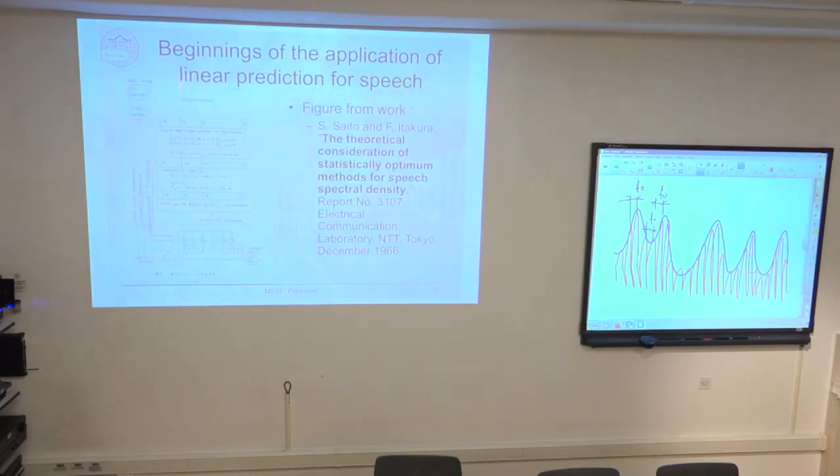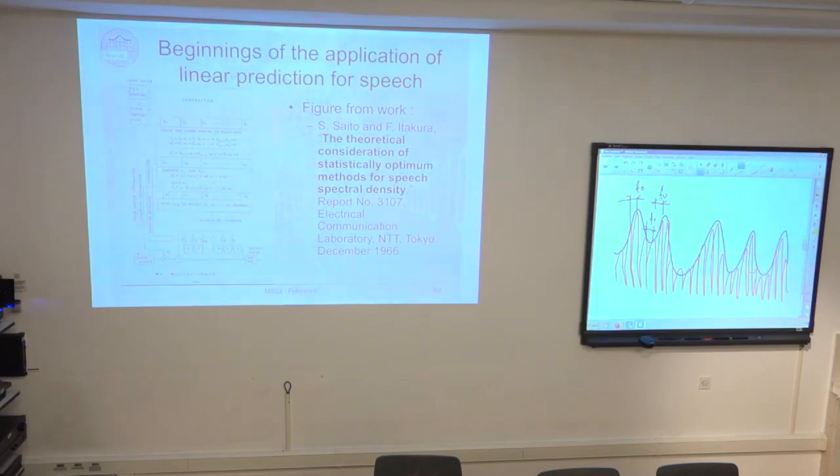It was described in a paper published in the internal journal of NTT Tokyo, Electrical Communication Laboratory, NTT Tokyo, report 3107, the theoretical consideration of statistically optimal methods for speech spectral density, written by Saito and Itakura.